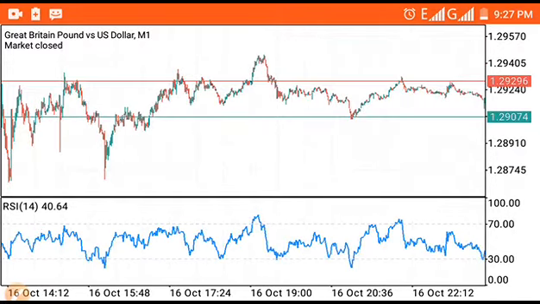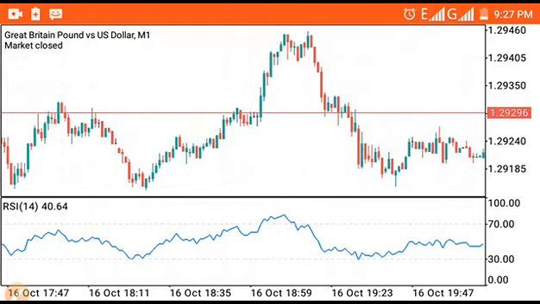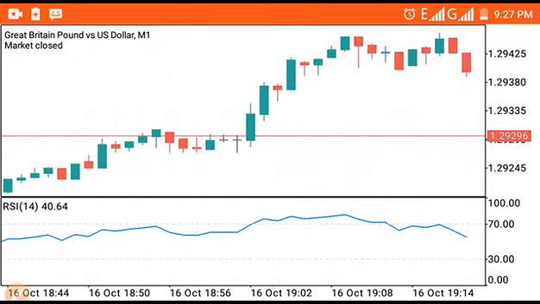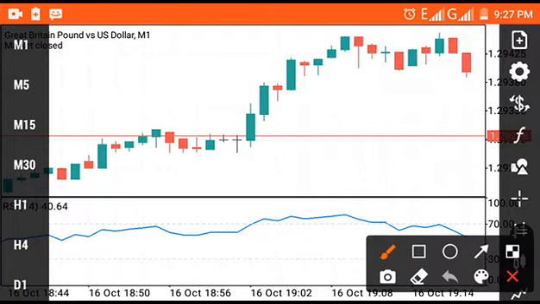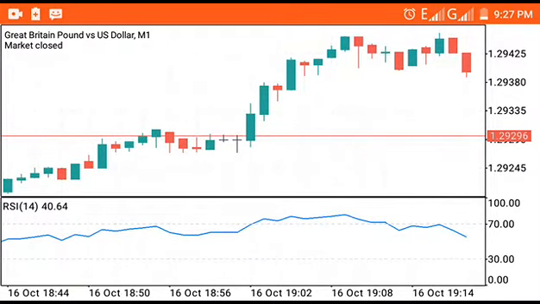How do I know it's in an oversold territory? And how do I know it is in an overbought territory? And what does that mean to me as a forex trader? When the RSI touches the overbought, this line is the overbought territory.